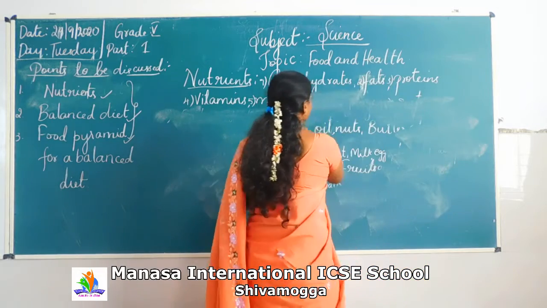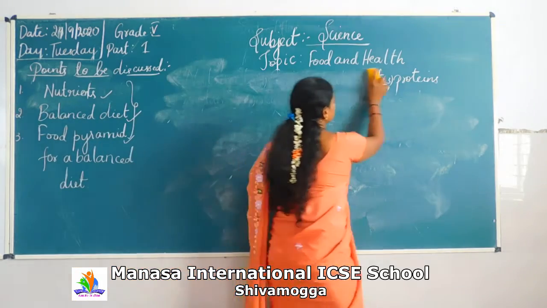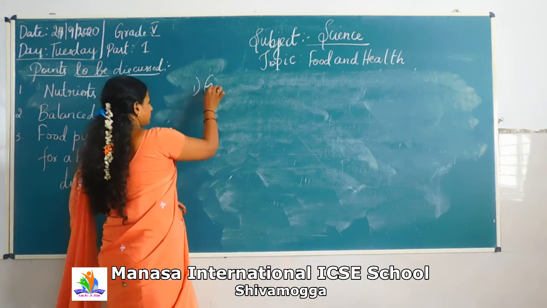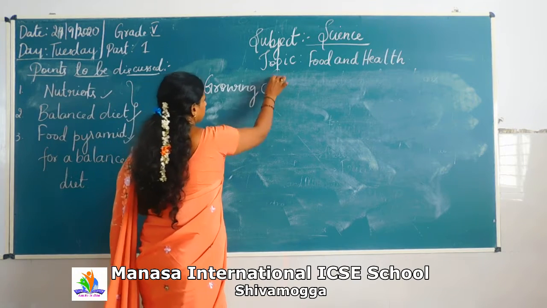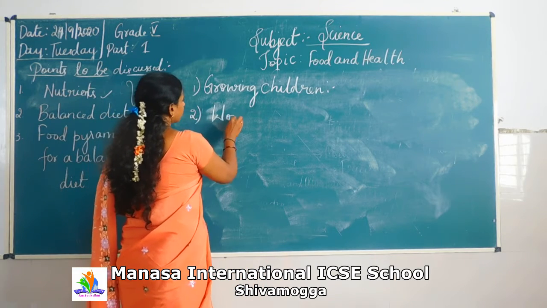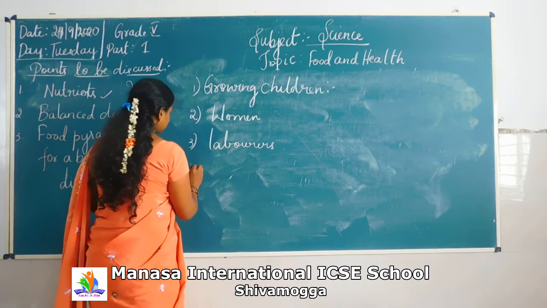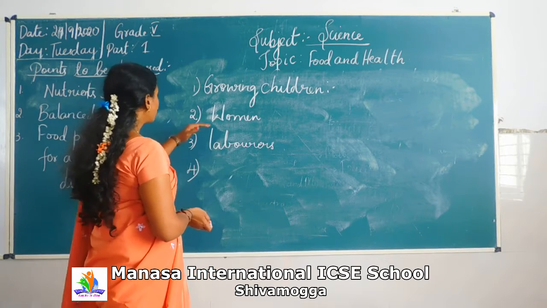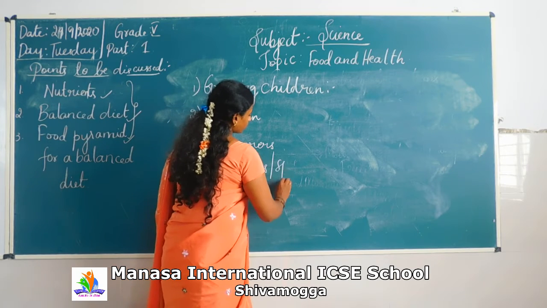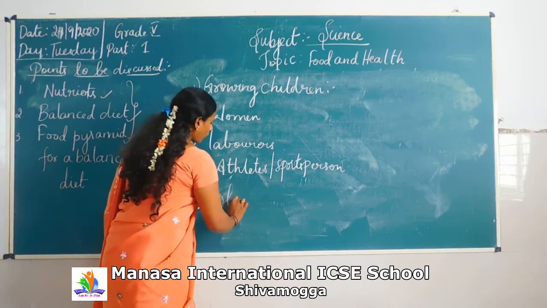For example, growing children, then women, then laborers, then athletes or sports persons, or the person who is suffering from obesity.